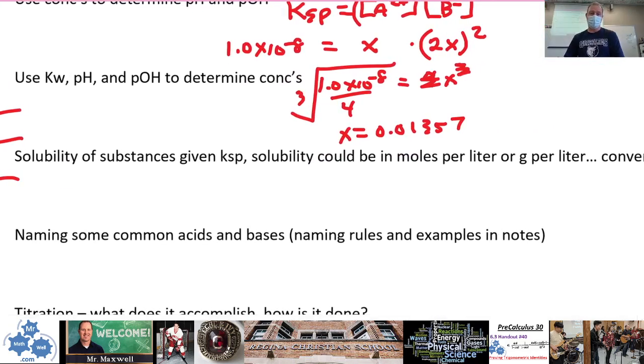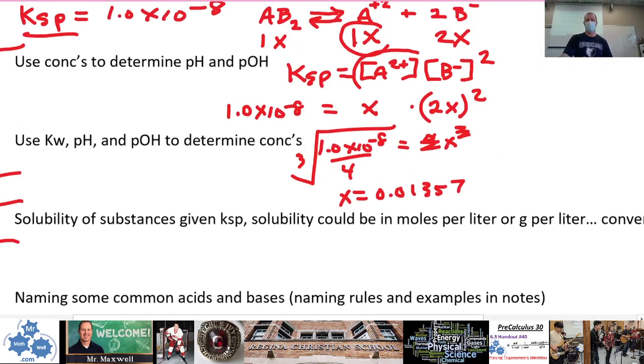So I chatted with a student yesterday about this, and this is something that's really important to know. You can find the concentrations here, but also if you're asked to find the solubility of the compound, you can use the KSP to find the solubility of the compound.